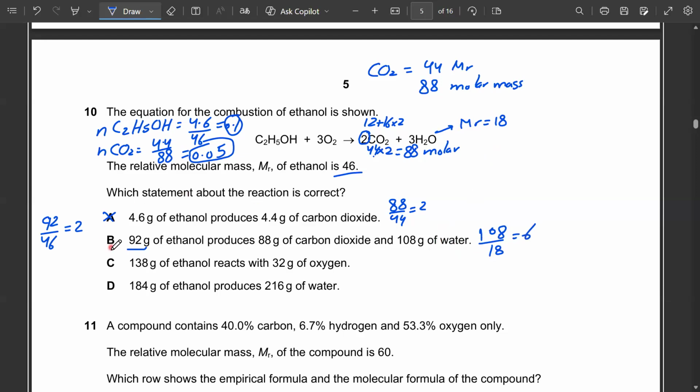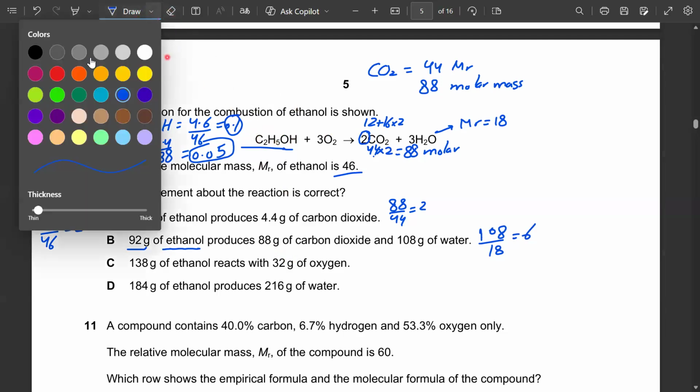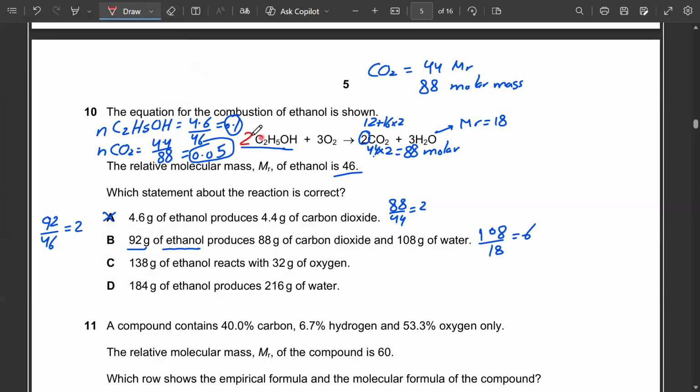If we consider 2 moles of the ethanol, that means 2 moles are reacting, and all the substances should be multiplied by 2.